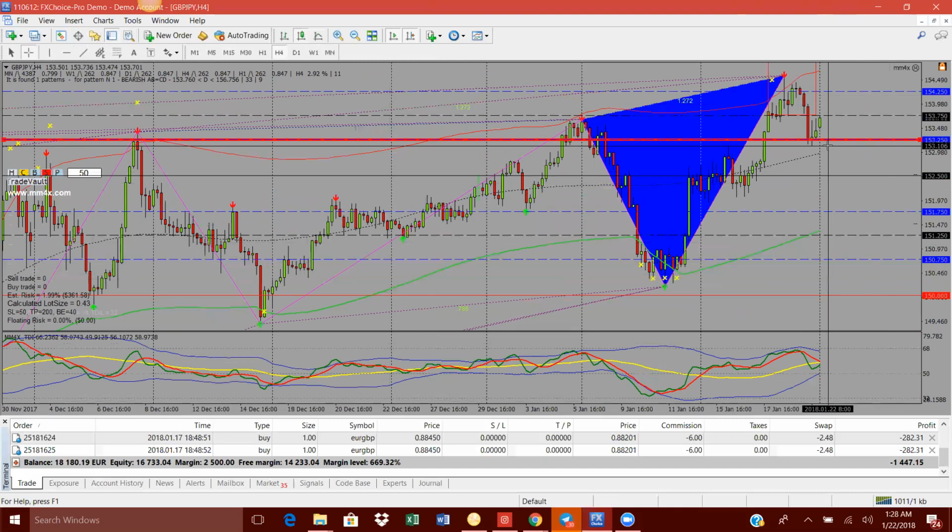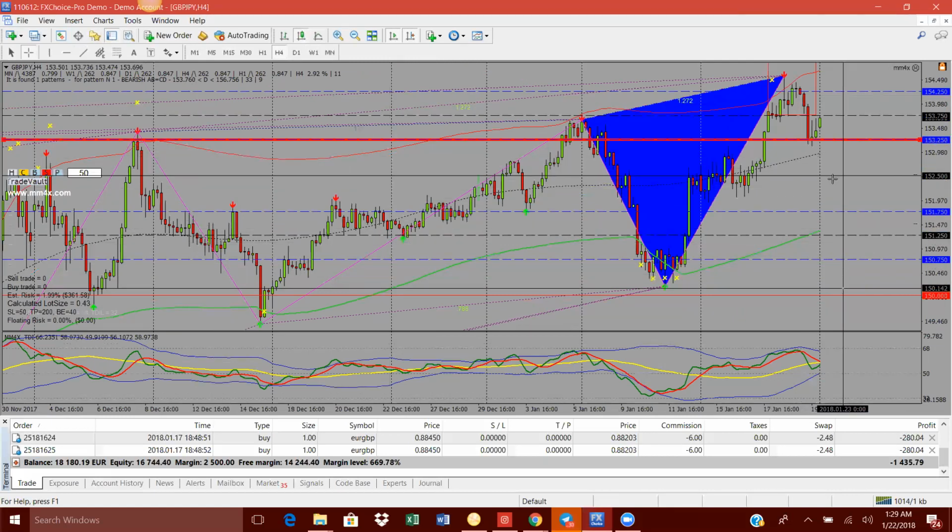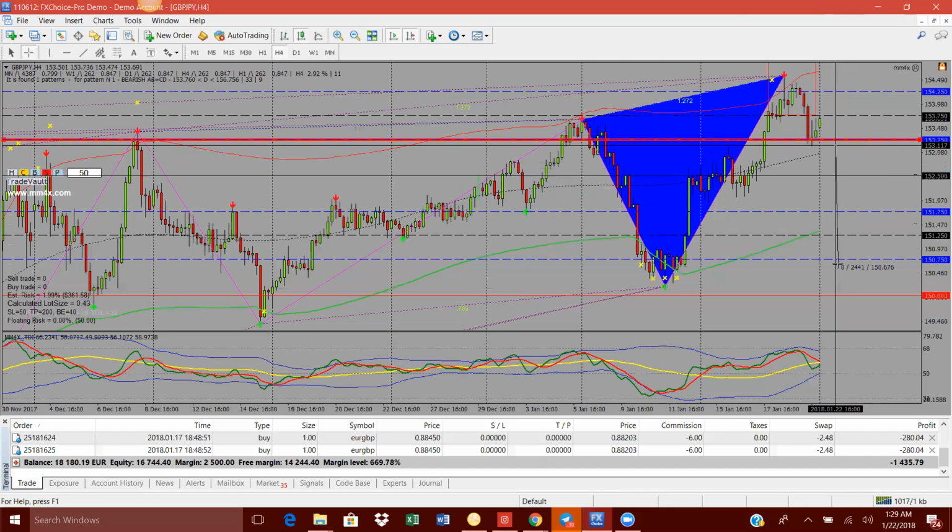We'll have a sell stop there. So if the price bounces there and goes down, it will come around 250 pips. So we'll have a look.